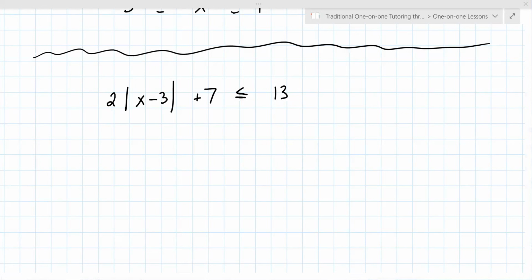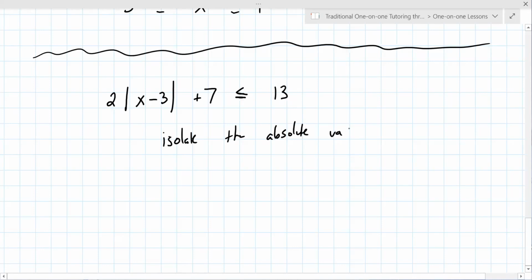So it's different because you have to first isolate the absolute value. Do you want to get rid of this +7 by subtracting 7 from both sides?